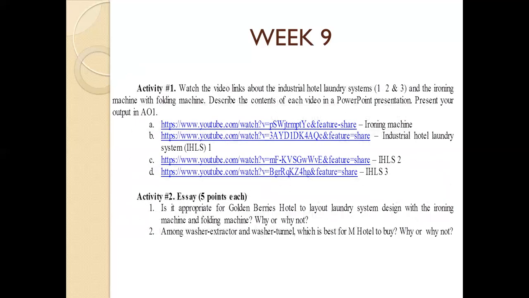So for this week, we have two activities. We have activity one and activity two. For activity one, watch the video links about the industrial hotel laundry systems. So we have four links, and also watch the ironing machine with folding machine, and describe the contents of each video.